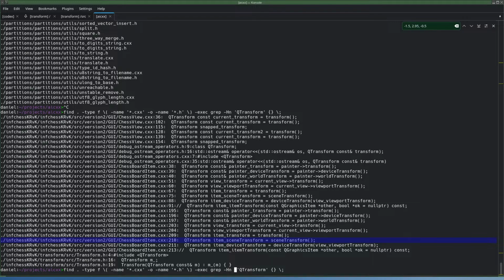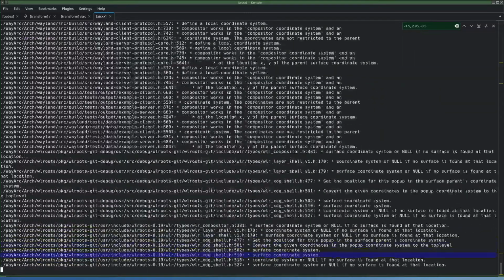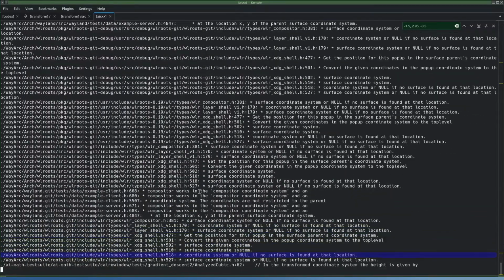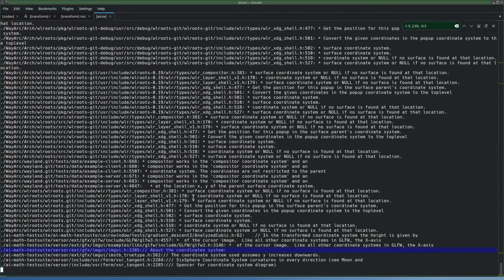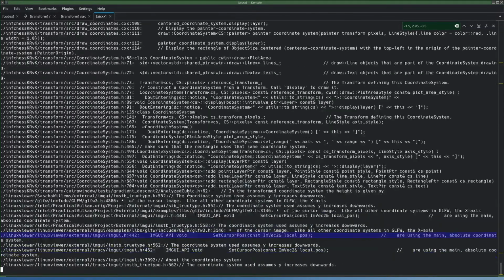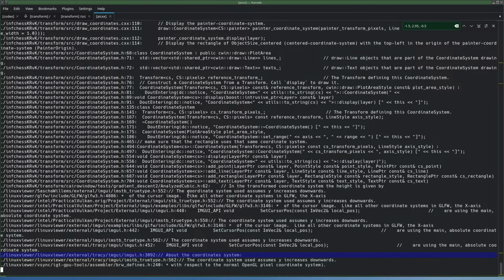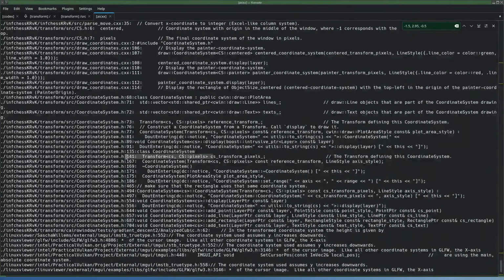Let's instead search for minus I coordinate system. Ah, I think I have found it. Yes. So it is in transform.